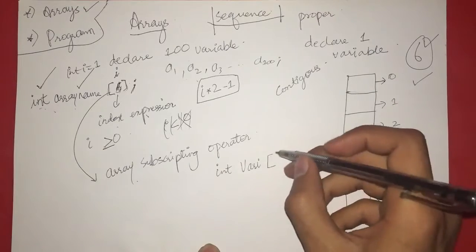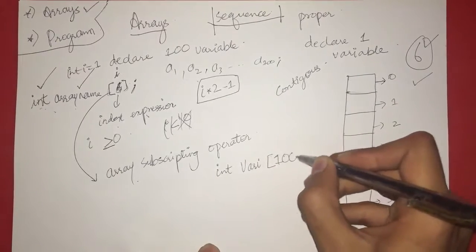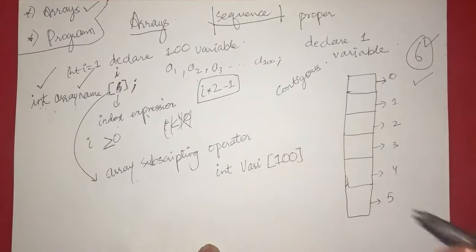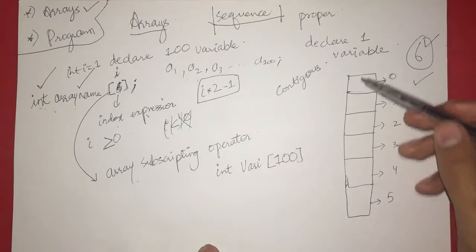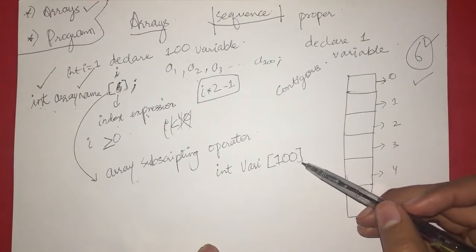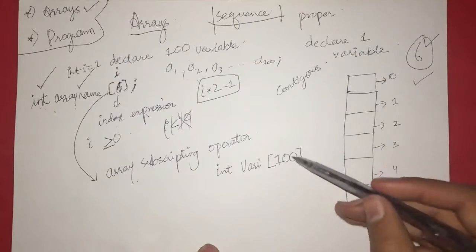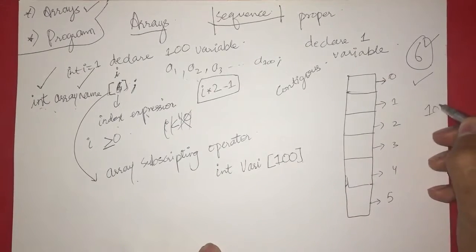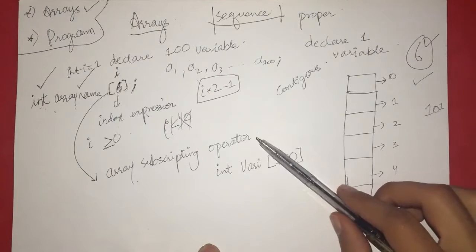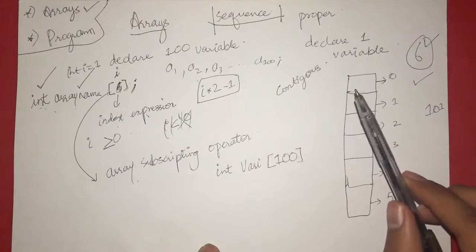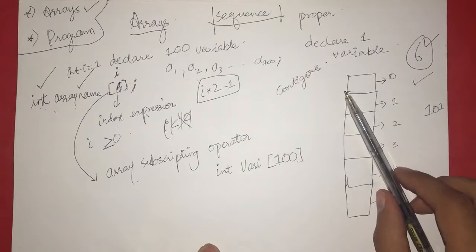For example, int var_i, and I want the length of the array to be 100. So there will be 101 contiguous locations stored in the memory, in the RAM.